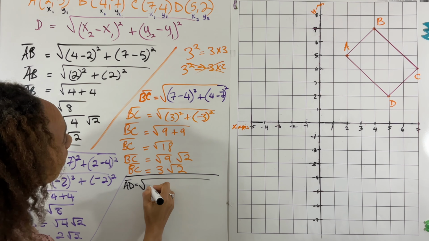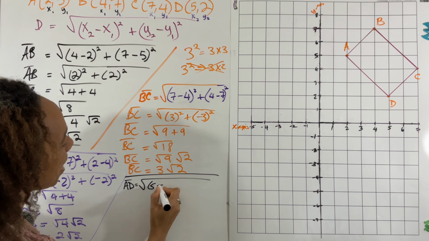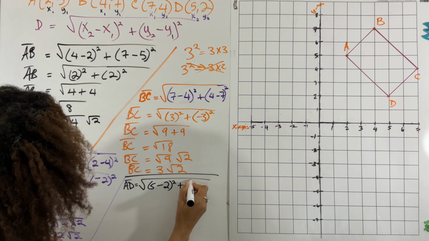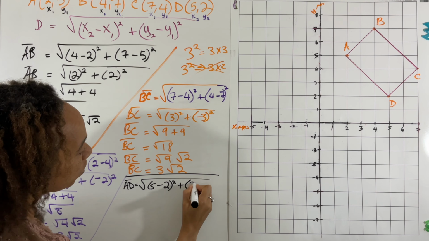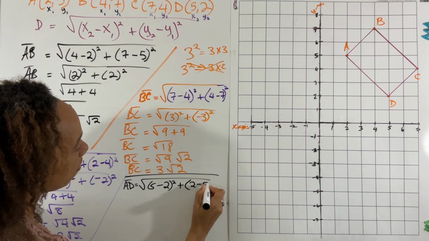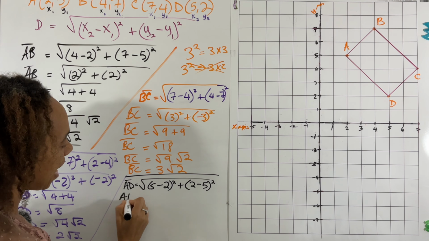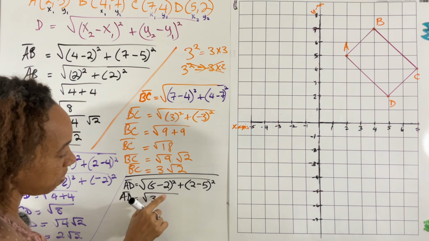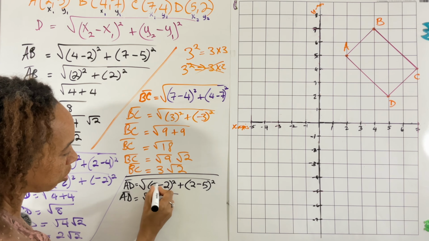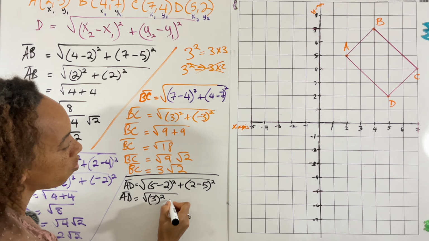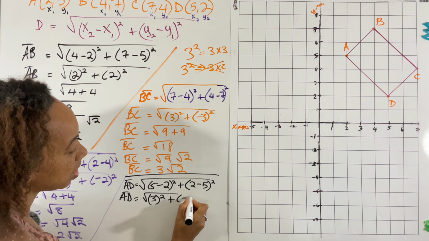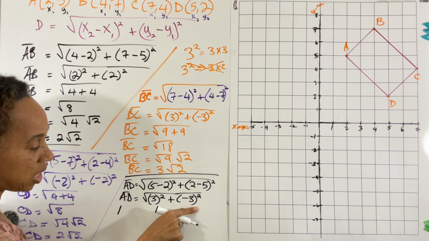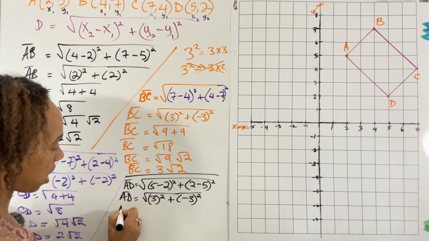D, x2 is 5 minus 2 to the second power, plus y2, which is 2 minus 5 to the second power. So AD is going to be the square root of, this is going to be 3 because 5 minus 2 is 3, to the second power, plus this is going to be (-3) to the second power. Please put it in parentheses so you don't make any mistake there.